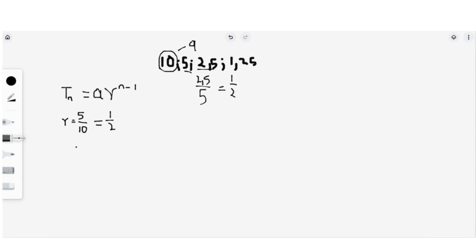All right. And then now for substitution, they wanted the fifth term, that is T5. That means our n is 5. We substitute, our A is 10, our constant ratio is a half, to the power of 5 minus 1 equals, so I'm just going to put this into a calculator to get the answer.